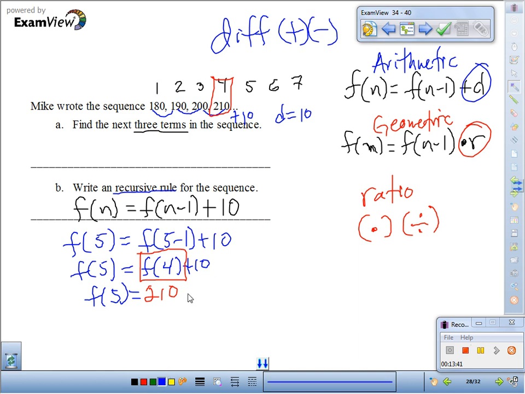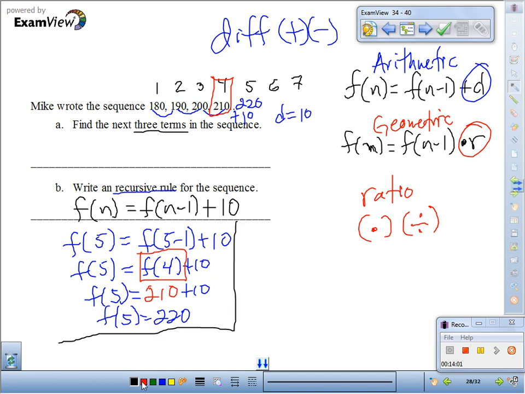Bring down the plus 10. So f of 5 is what? 220. So we're going to write that right here. 220. And we can do that just by thinking about it, right? 10, 10, 10. But we want to see the work. Yay. So we did this for f of 5. What do you need to do next?